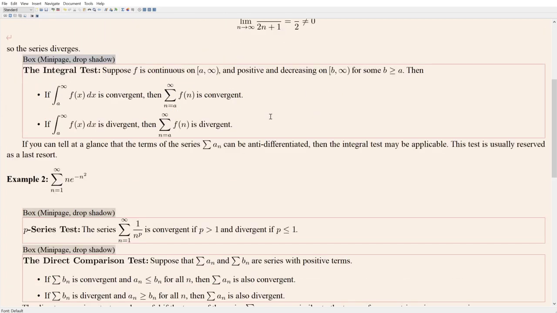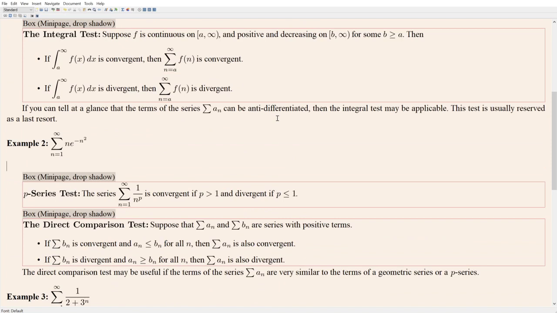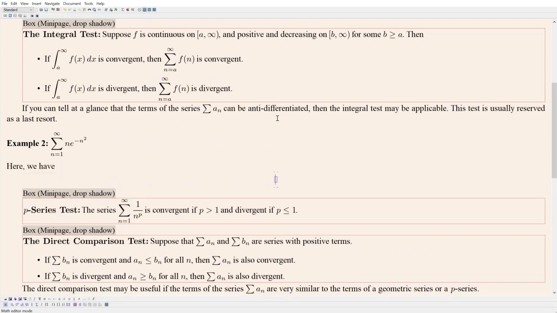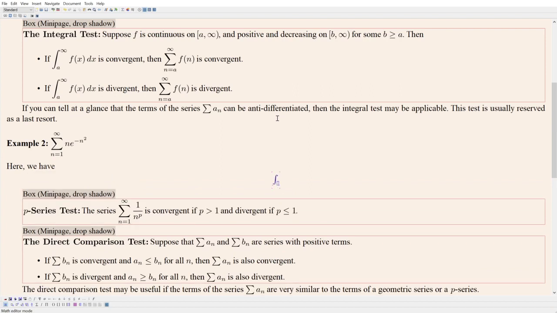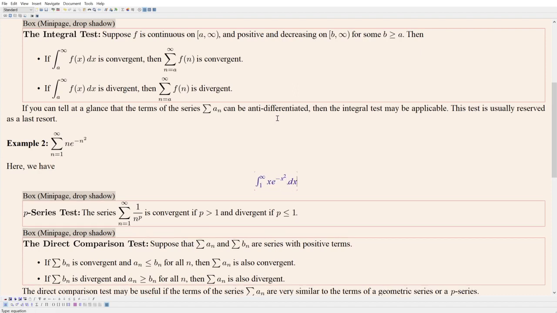And it's not too hard to see that it's positive and decreasing as well. But let's just go ahead and do the integral. Like so.